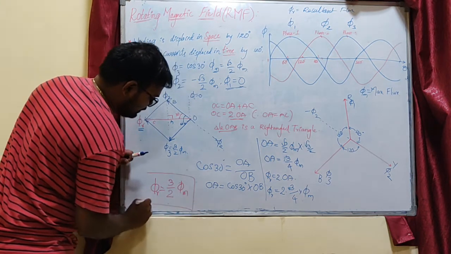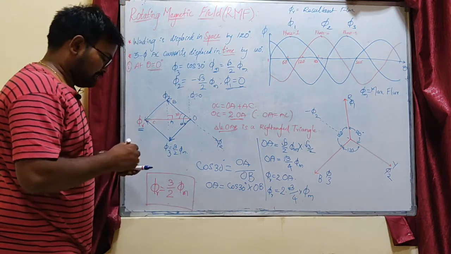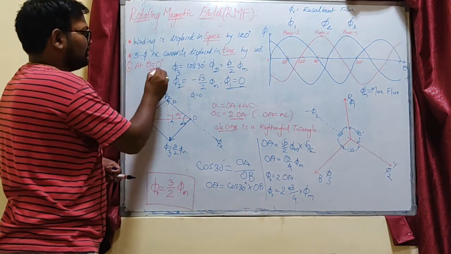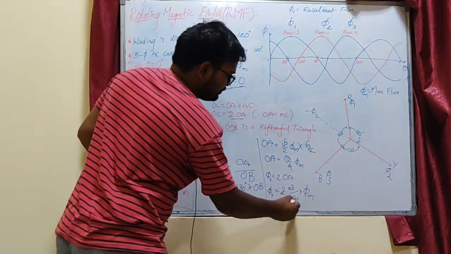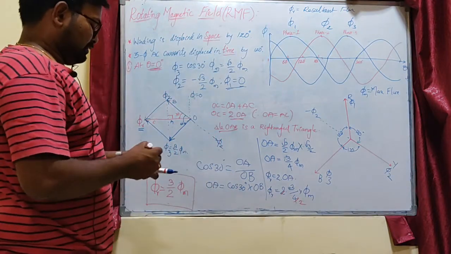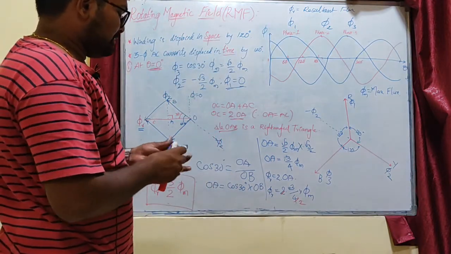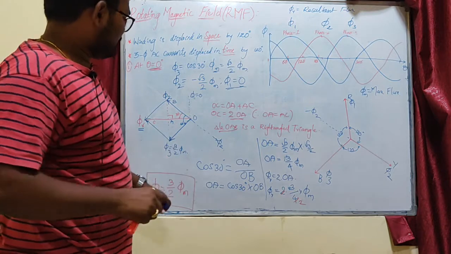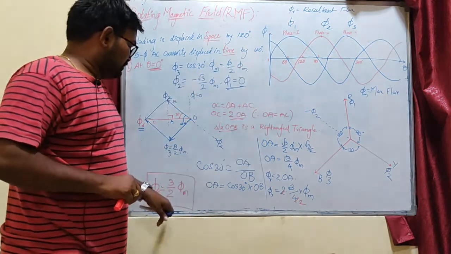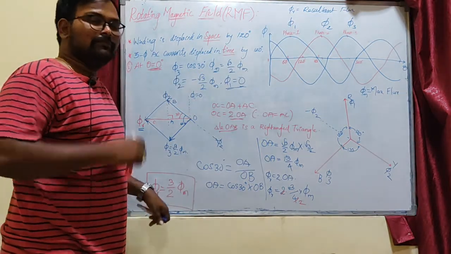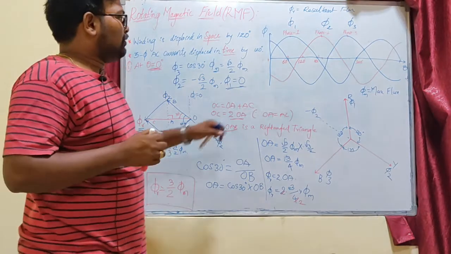We are getting the resultant flux in the air gap at the instance 0 equal to 3 by 2 pi m.